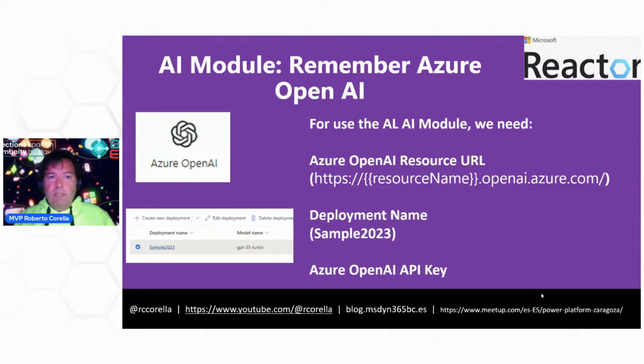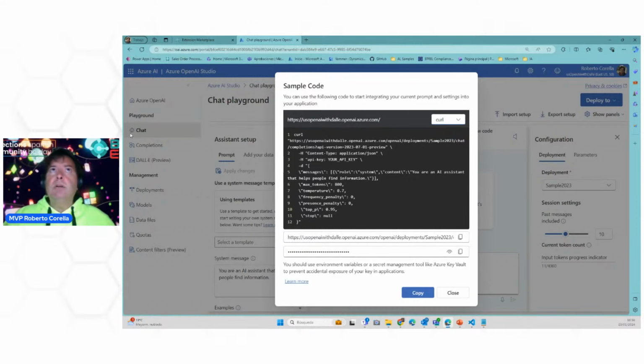Where is this information? Of course, we have this information here in our Azure OpenAI Studio. We have here our URL. Here we have the API key.